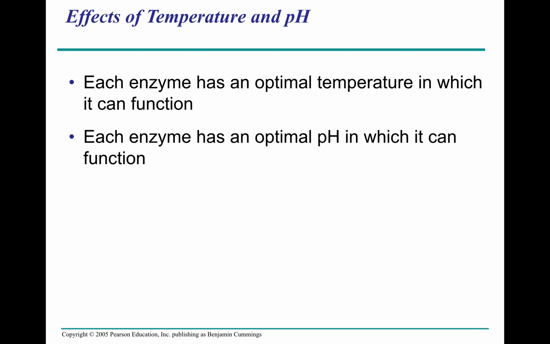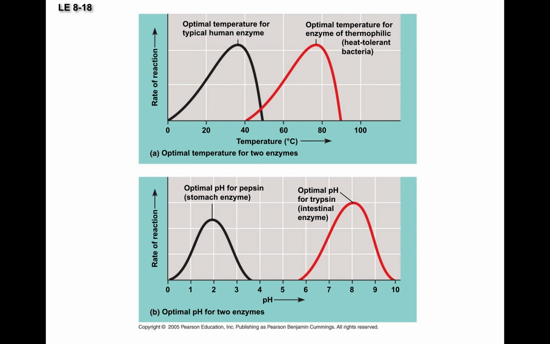Each enzyme, to the point we have identified, has an optimal temperature range in which it can function. It also has an optimal pH range in which it functions. Case in point, let's look at the optimal temperature for human enzymes. We know our body temperature is around 37 degrees Celsius, and you will notice that our enzymes have been formed to fit the function.